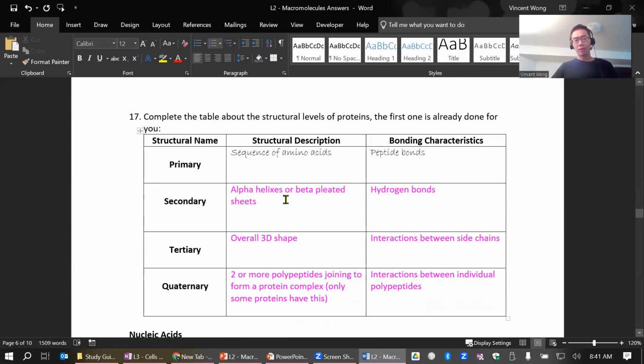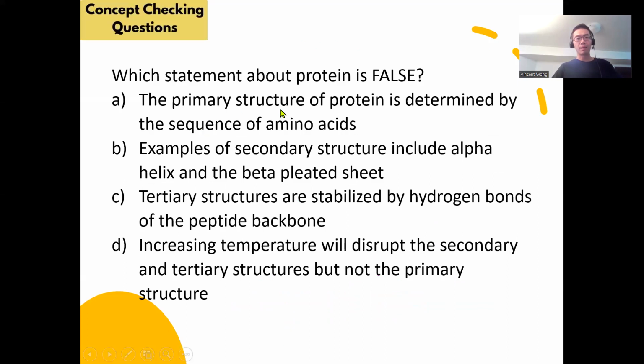Secondary, like I told you, alpha helices or beta sheets held together by hydrogen bonds. And then tertiary is interaction between the side chains. So the question here: primary structure of the protein is determined by the sequence of amino acids. That's correct. We're looking for the false one. Examples of secondary structure include alpha and beta sheets. That's correct. We just read it off the chart.